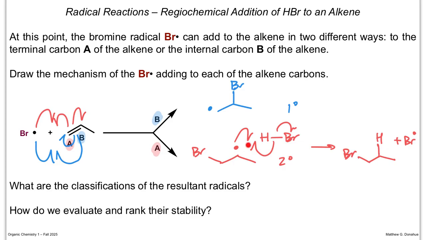So that radical abstracts a proton. We homolytically cleave the HBr bond. We end up with our product, that's the lesser substituted bromide, and then a bromine radical that propagates the mechanism. So when you're thinking about this split that happens, remember it's climbing that energy mountain.